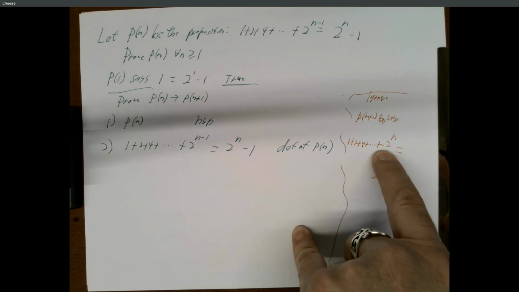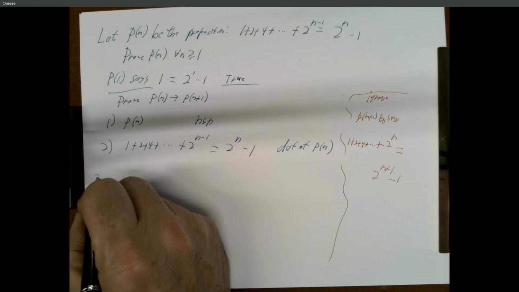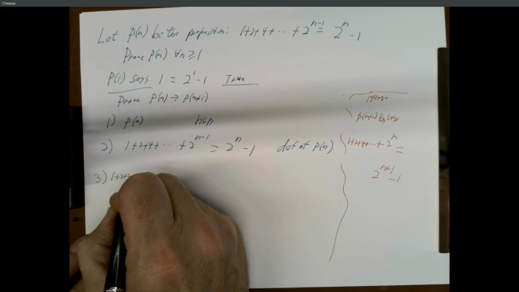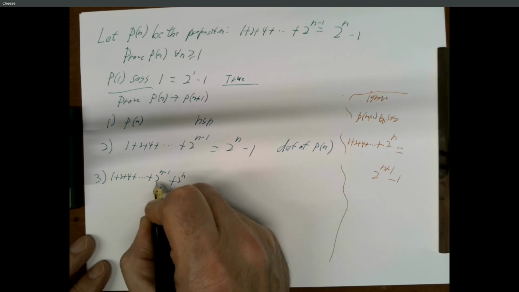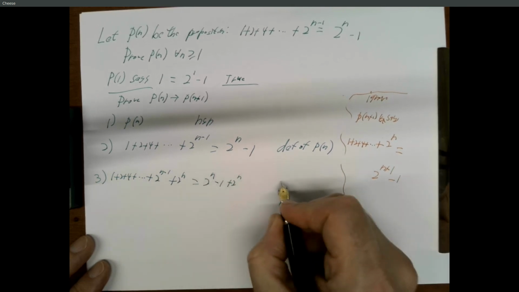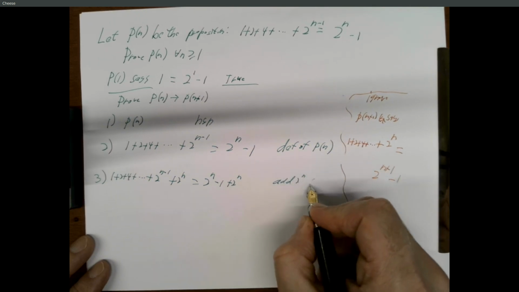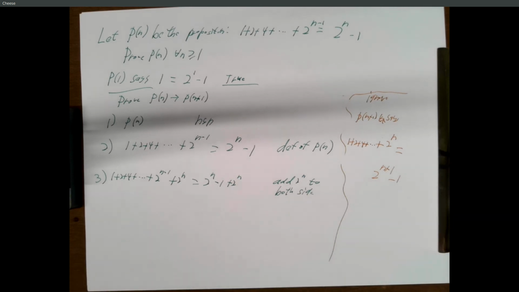I'm just going to add 2 to the n. So add 2 to the n to both sides.